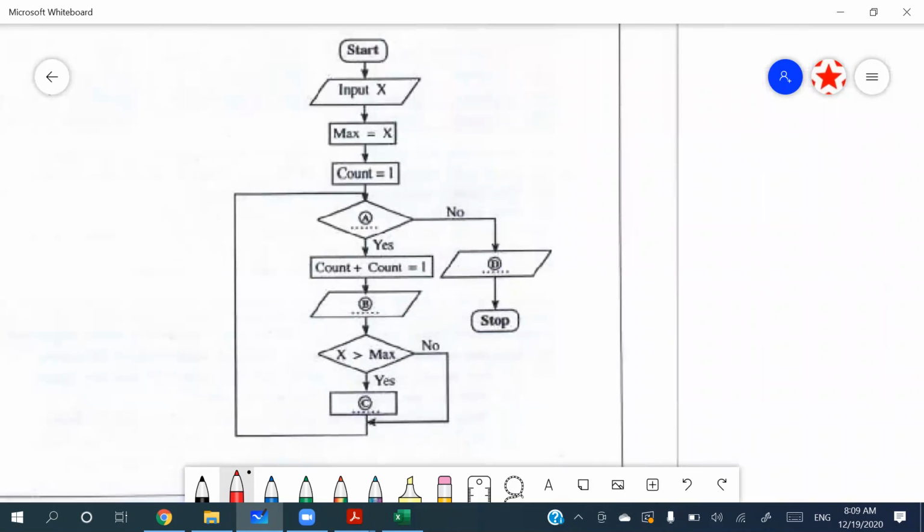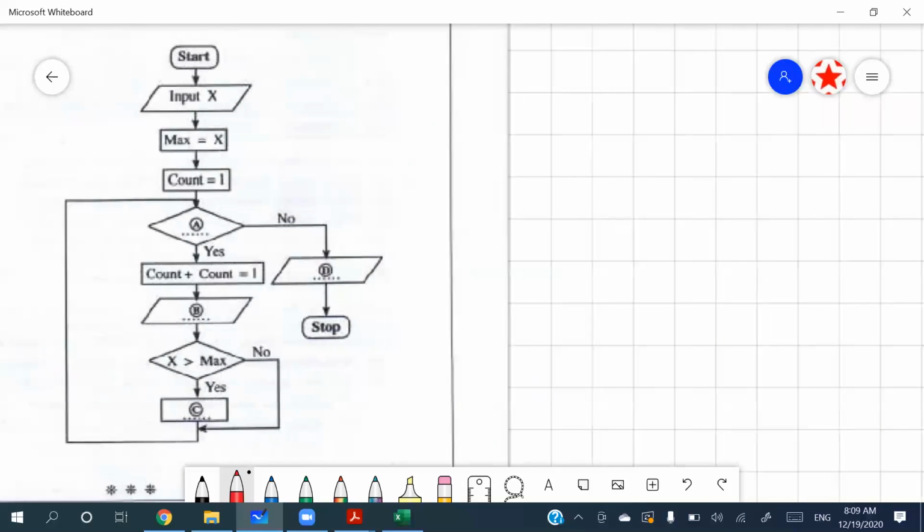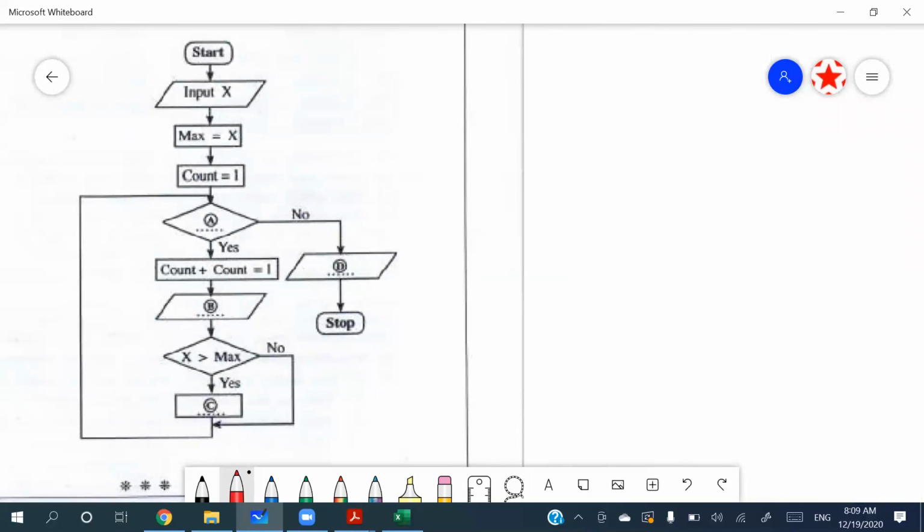So it starts with input X. We can suspect X is going to be a number because numbers should be inputted. So let's say some value, we don't know what value they are going to give. Say it's 10.